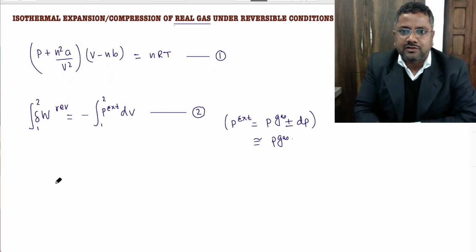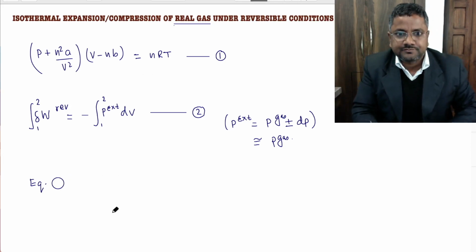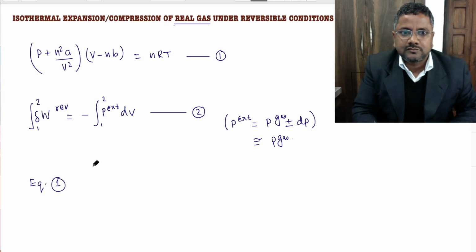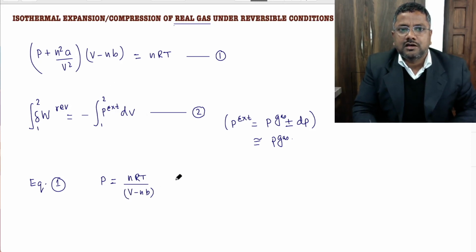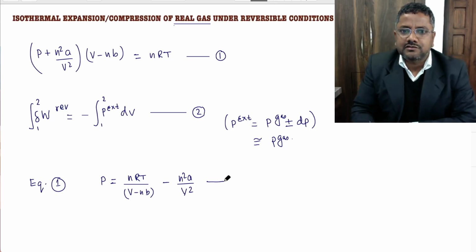So equation 1 you can rewrite: P is equal to nRT by (V − nb), and minus n²a by V². So this you can call equation 3.